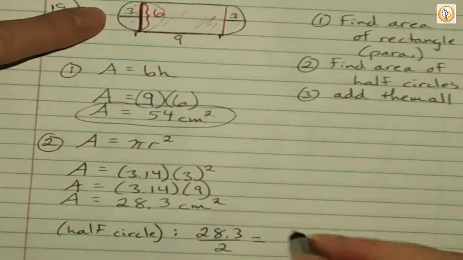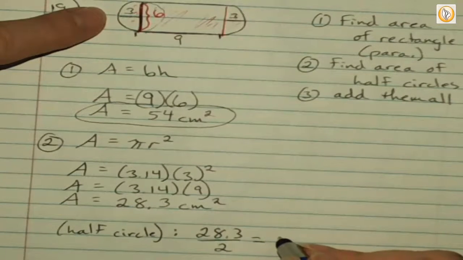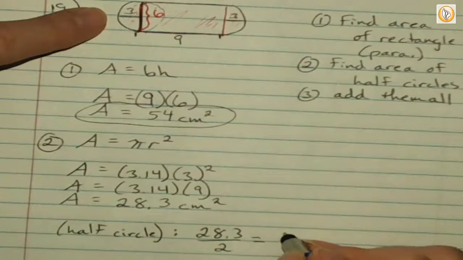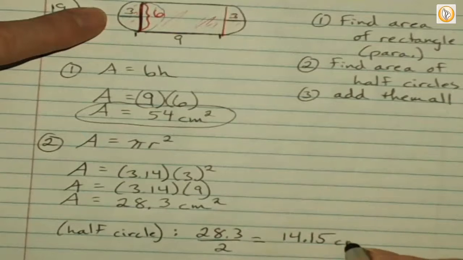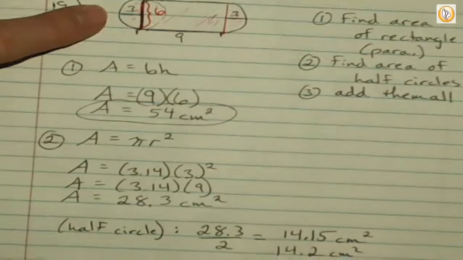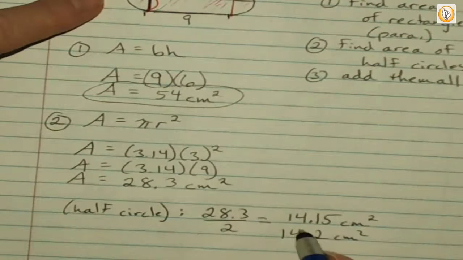What do you get, Gabby? Or we can say 14.2 centimeters squared. That's for one half circle.